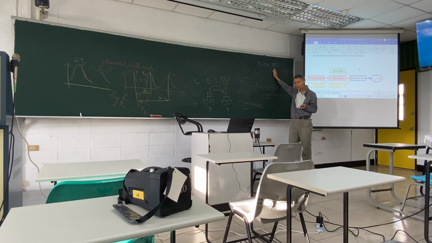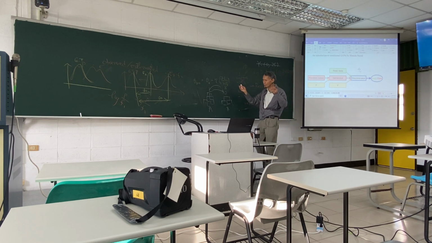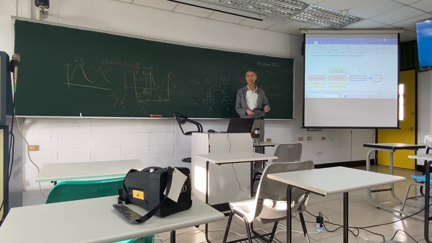So the generator cannot generate just any face. It must be a female, and the age should be around 25. If you don't provide this information, it could randomly generate a face. It could be a man, or it could be an older lady.